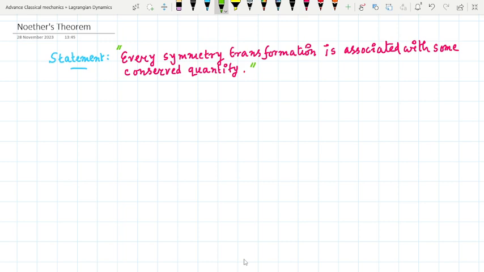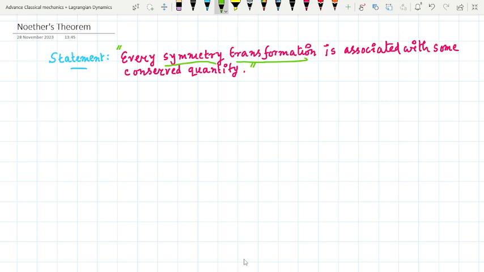At first you can simply ask what a symmetry transformation is. A symmetry transformation is the transformation of the Lagrangian with respect to some quantity.